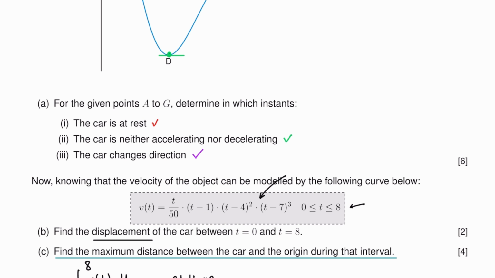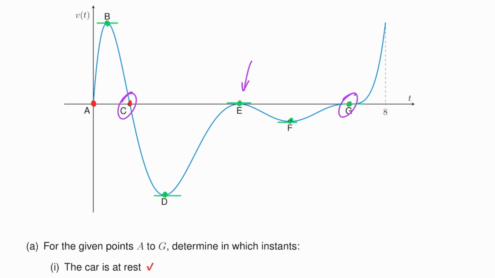Let's suppose that this object starts at the origin, which is exactly the case over here. This is the origin, which is point A, where the car starts to move.